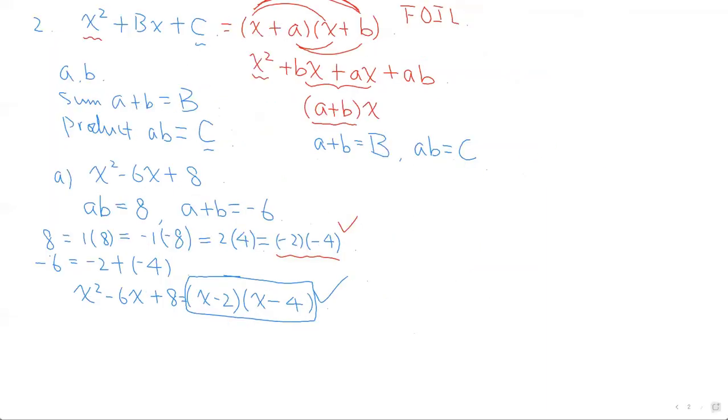Another very similar one. So here we got x squared minus 5x minus 24. So remember, we first factor this -24, the product of two numbers. One must be positive, one must be negative, because we have -24, right?